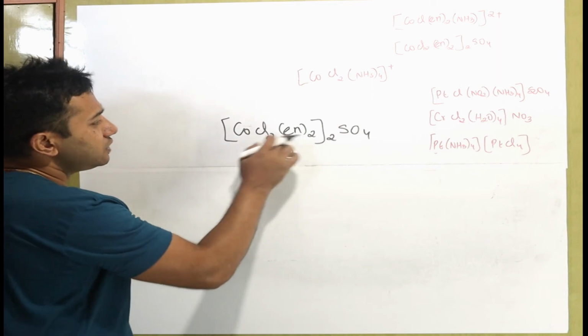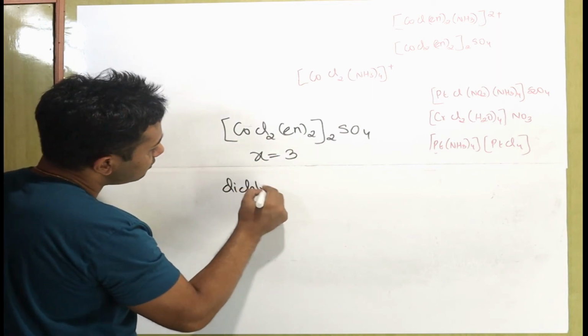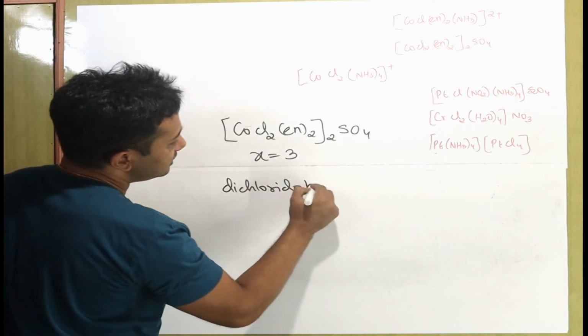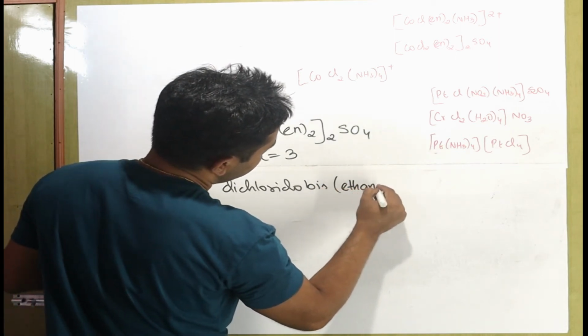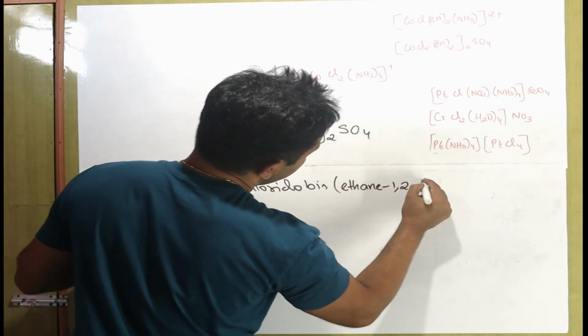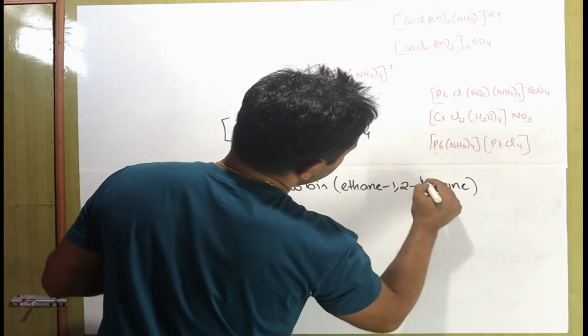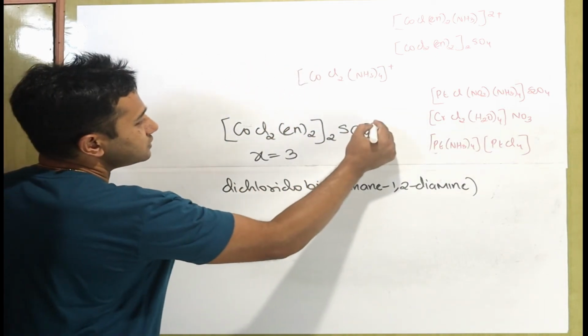So now again, alphabetical order, this will come first. Dichlorido, since it is negative. Bis ethane 1,2-diamine, and then this will be SO4, which is minus 2.